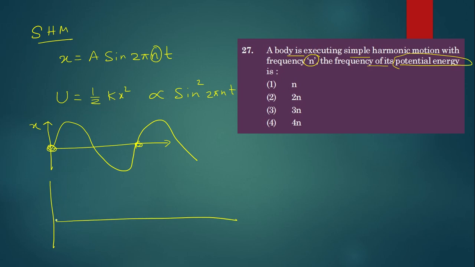At the same time, the potential energy graph looks like this. The one cycle of potential energy completes in a time which is half of that of the displacement cycle. Thereby, the frequency of the potential energy is 2 times the frequency of the displacement. So answer is 2n. Let's move on.